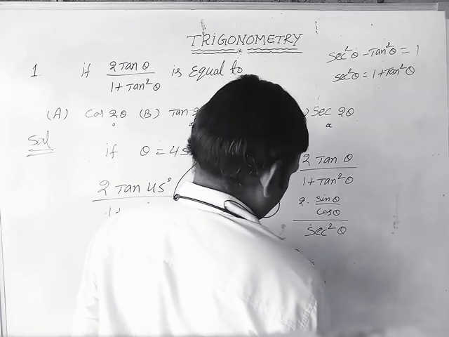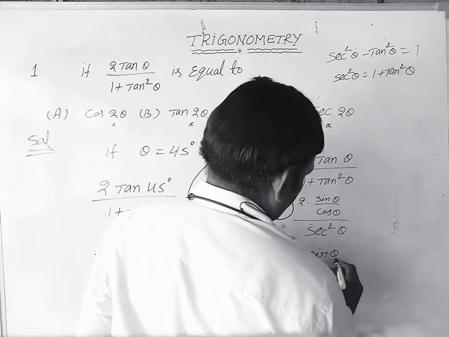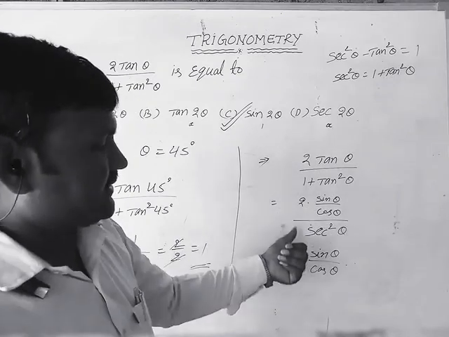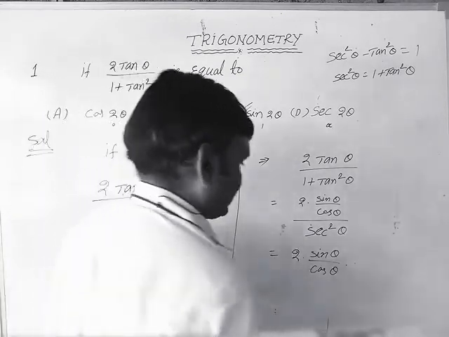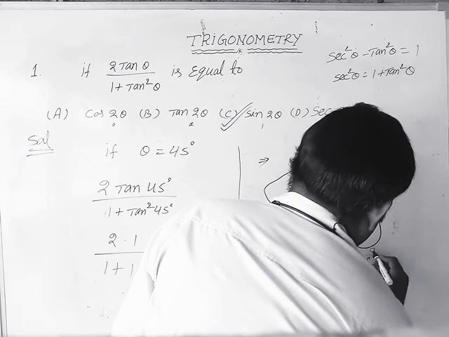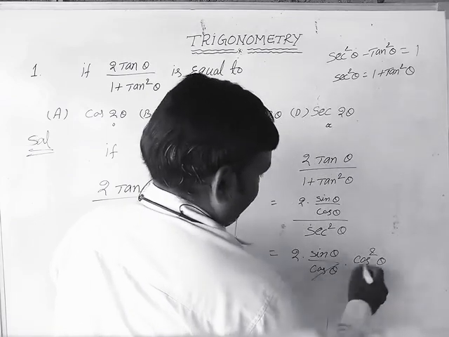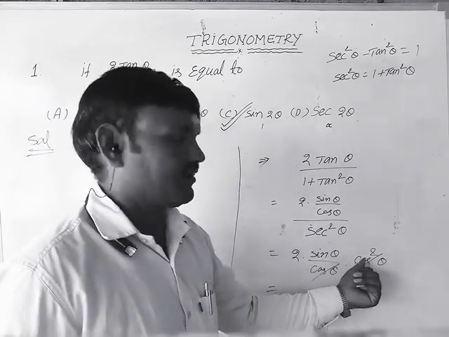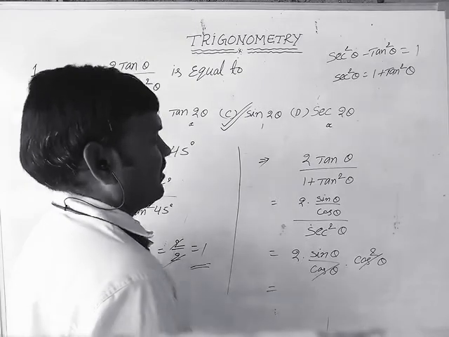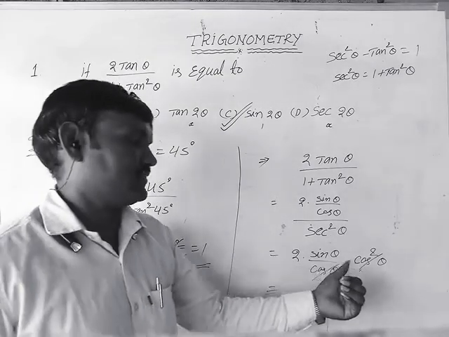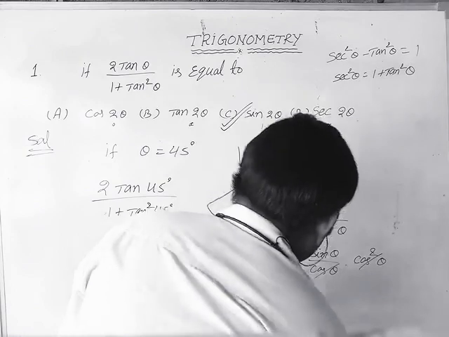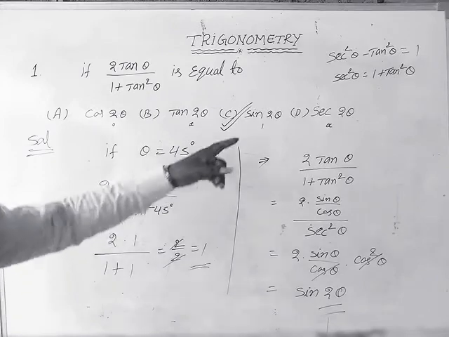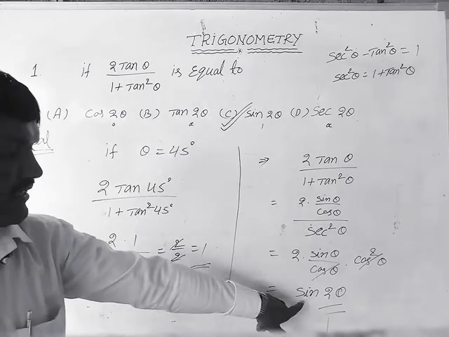This is equal to 2 into sin theta by cos theta into 1 by secant square theta. 1 by secant square theta is cos square theta. So one cos cancels, and the remaining is cos theta. So 2 sin theta cos theta, that is the sin 2 theta formula. We can write this as sin 2 theta. So our answer is sin 2 theta.